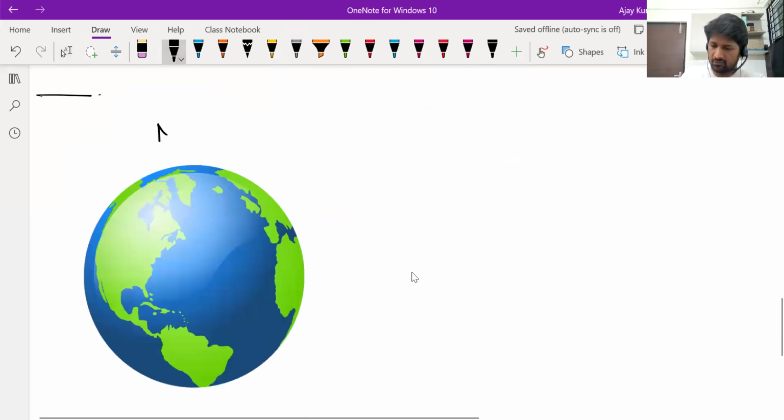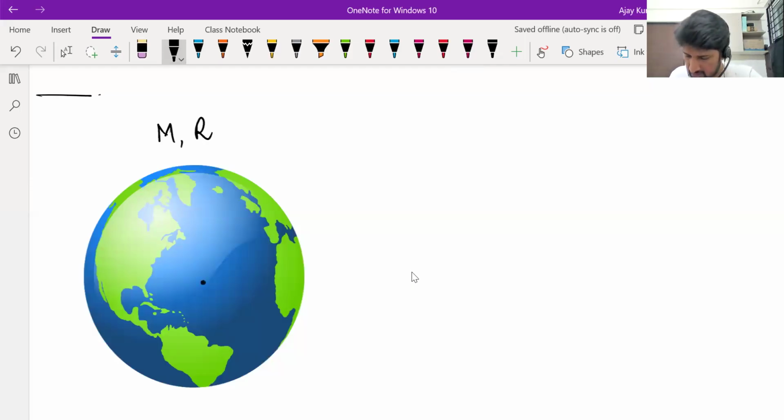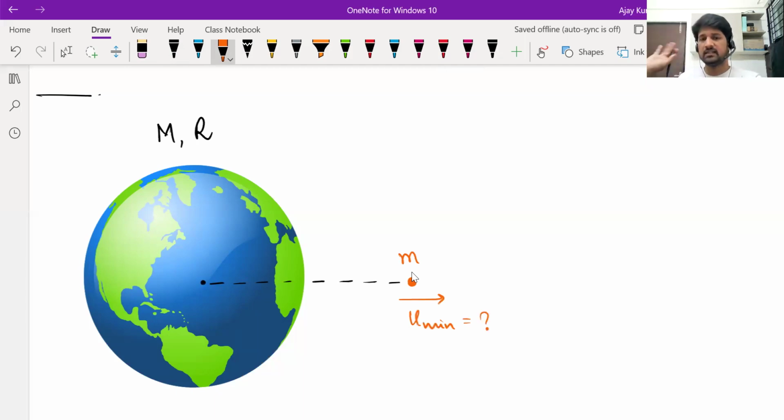Again, consider a planet of mass M, radius R. Assume there's an object already at a height R above the surface of the planet, somewhere here. With what minimum speed should the object be projected from here such that it escapes to infinity?